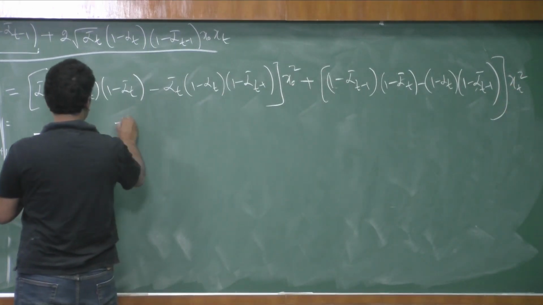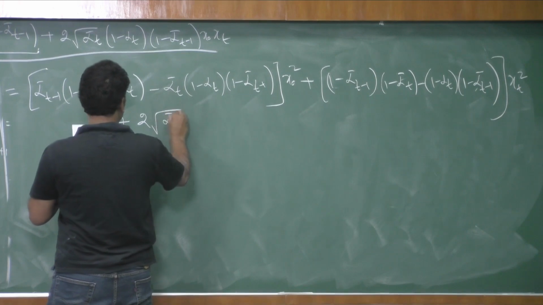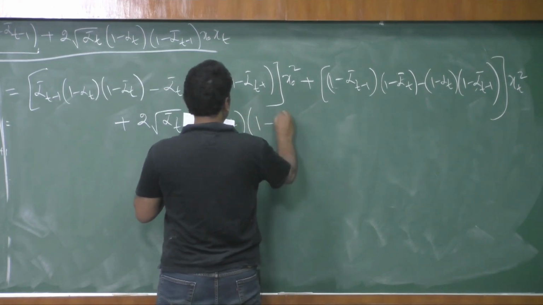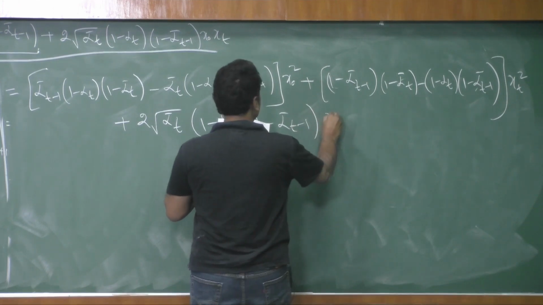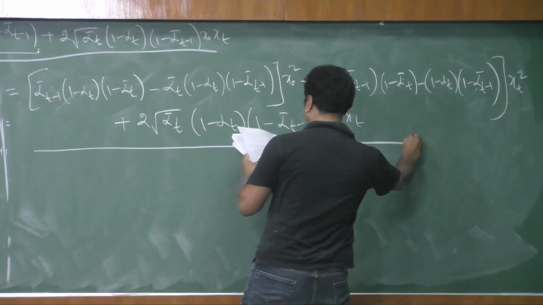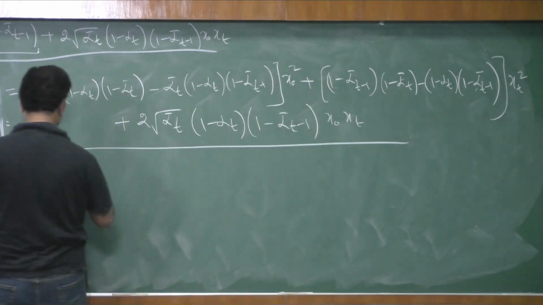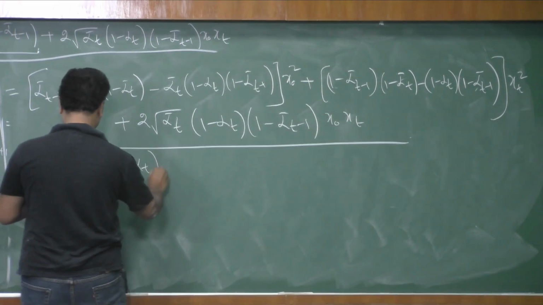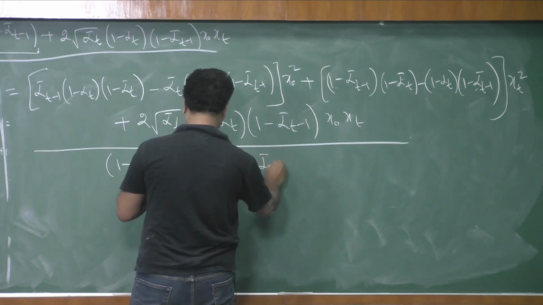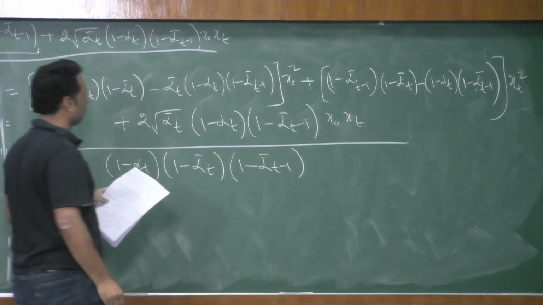Then the remaining term is 2 square root of alpha bar t, 1 minus alpha t, 1 minus alpha bar t minus 1, x naught xt, and then the whole thing divided by 1 minus alpha t, 1 minus alpha bar t, and 1 minus alpha bar t minus 1.